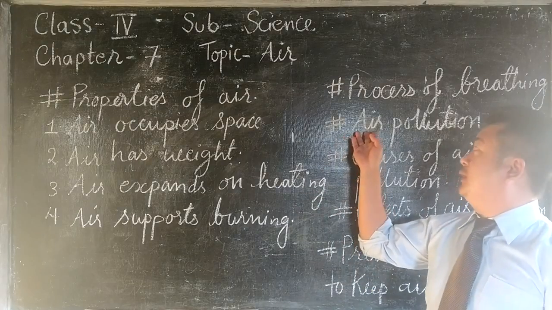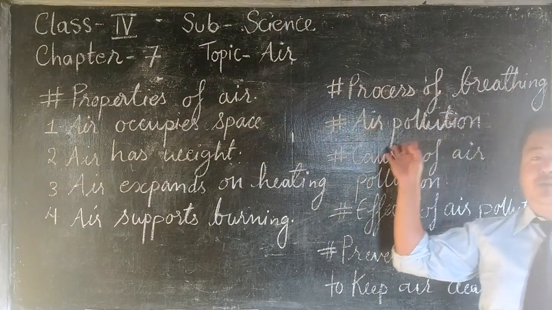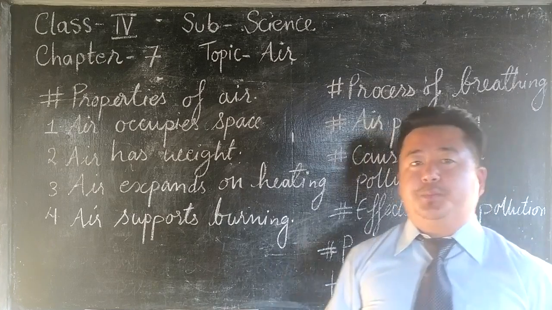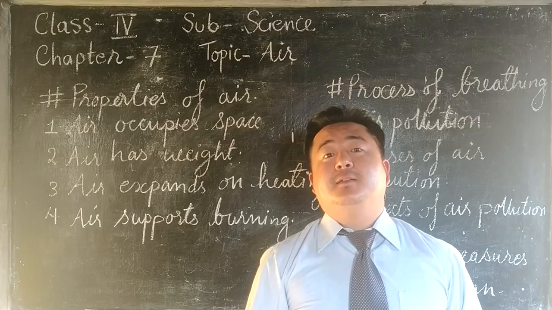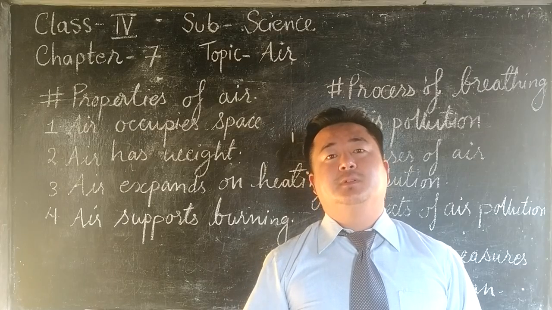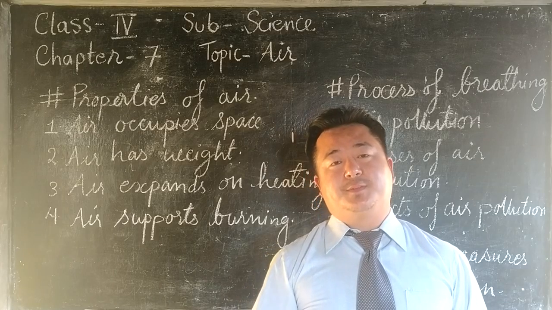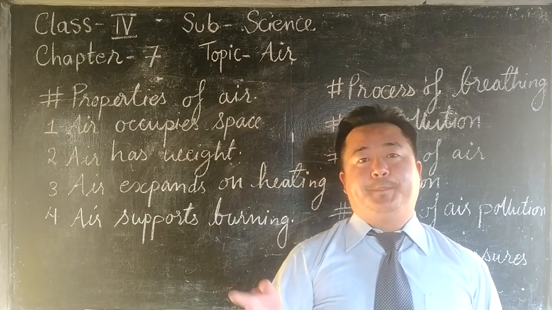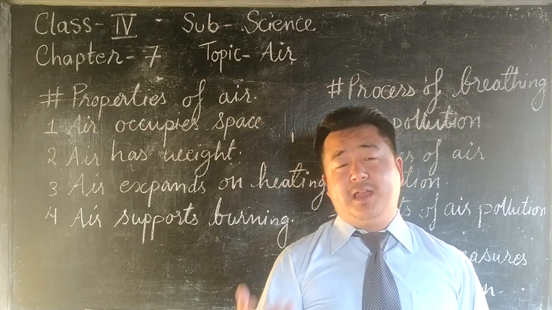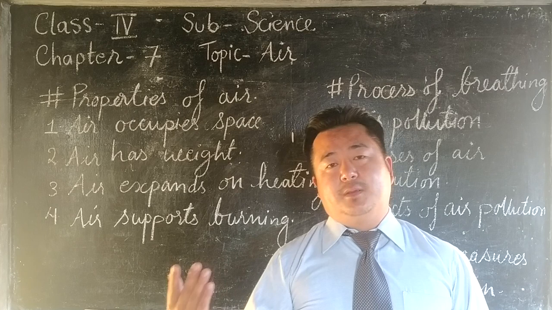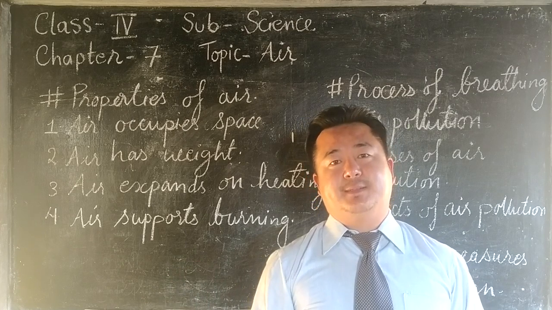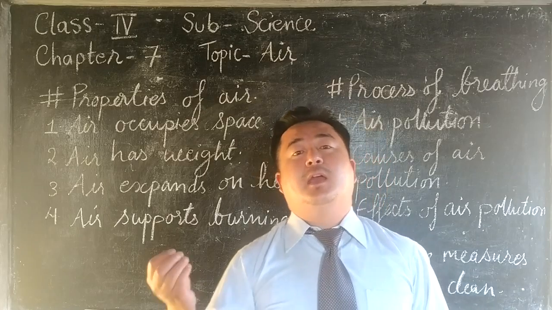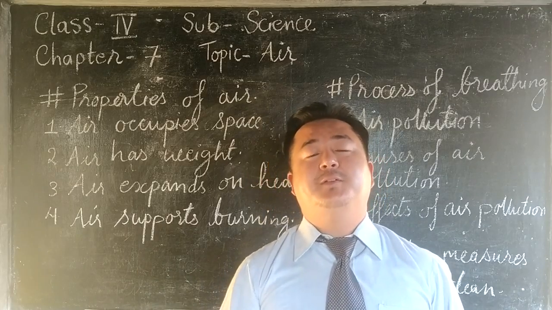Coming to air pollution. What is air pollution? Air pollution is the pollution of air caused by various pollutants. It can be smoke, viruses, bacteria and many other sources that pollute the air and reduce the quality of air.